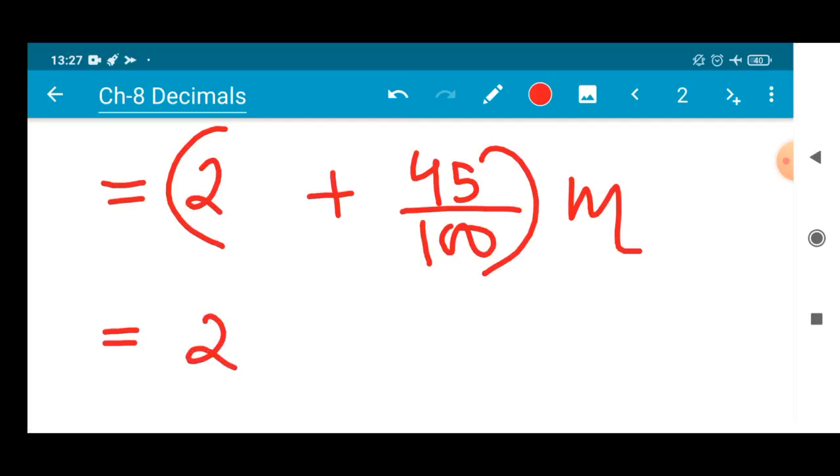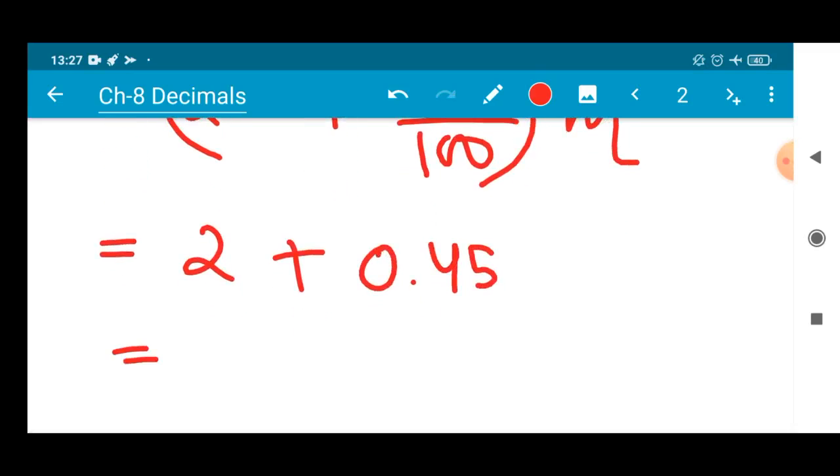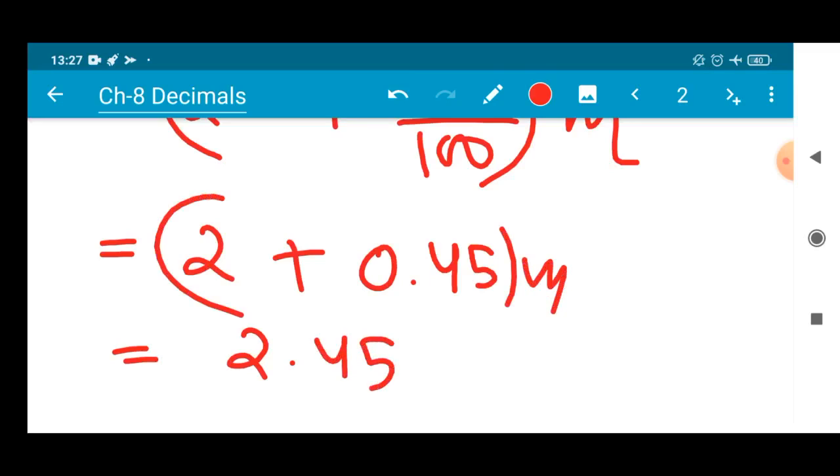So now, instead of finding the LCM between these two numbers, let's divide. We will be getting 0.45. After this, add this, we will be getting 2.45 meter, isn't it? I hope you people are finding this easy.